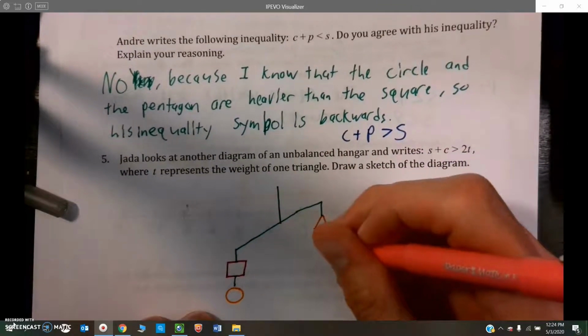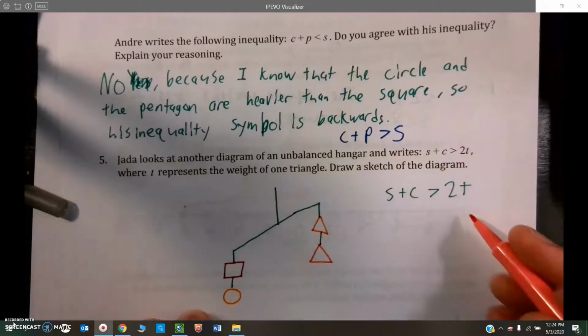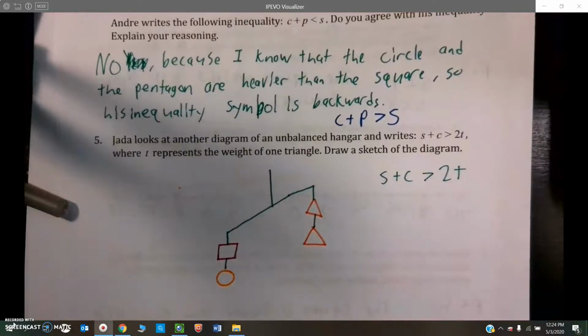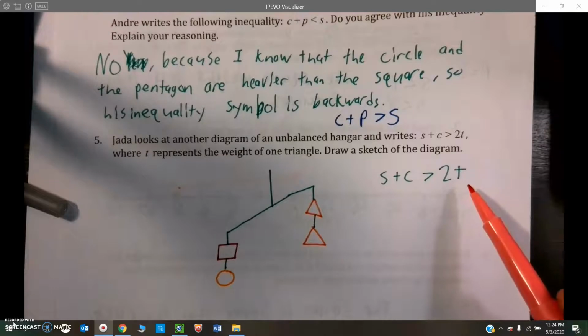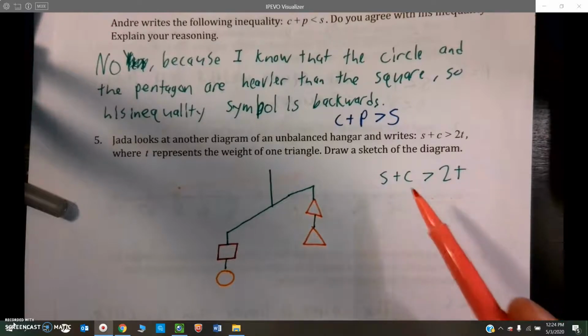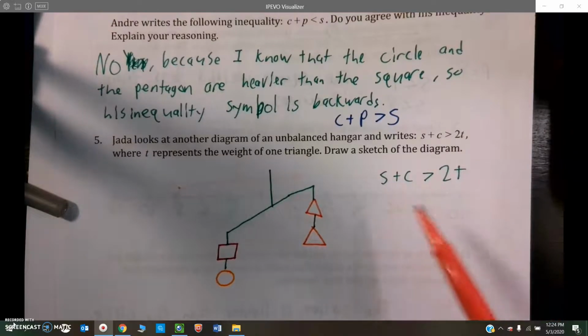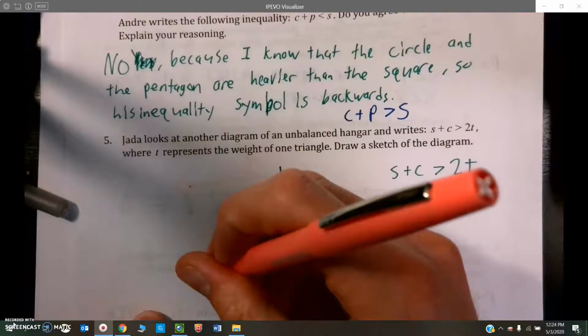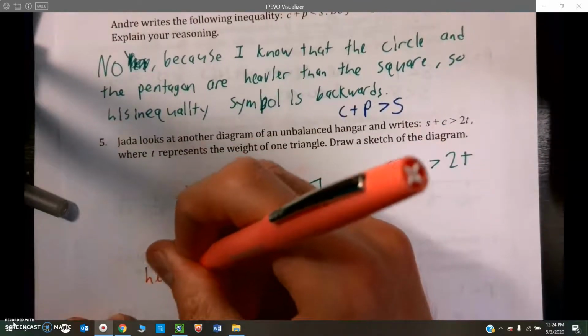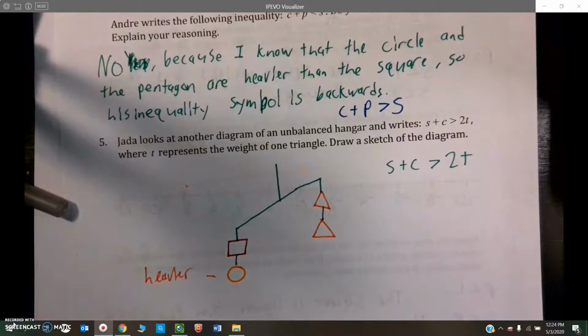So remember, if you ever have 2 in front of a variable, that's next to notation, that's multiplication. So that means 2 times a triangle, or 2 triangles. Once again, this is greater than, so this side is heavier. It is greater than the 2 triangles. That would be your hanger for that situation.